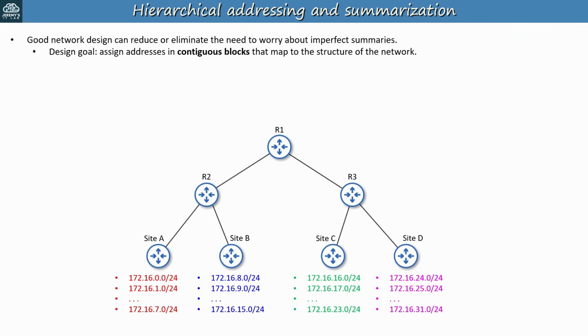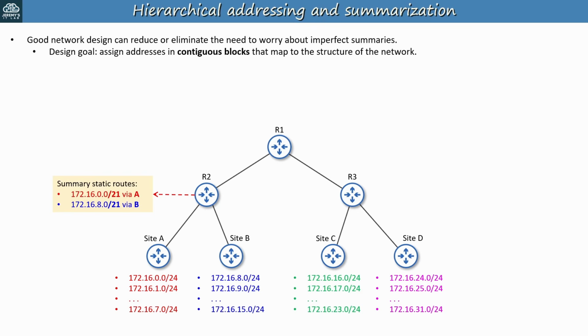These routers lower in the hierarchy have specific routes to each of their connected subnets, of course. But let's configure summaries on the routers that are higher in the hierarchy, R1, R2, and R3. Let's start with R2. It's connected to the Site A and Site B routers. Site A's subnets can be summarized as 172.16.0.0/21, and Site B's can be summarized as 8.0/21.